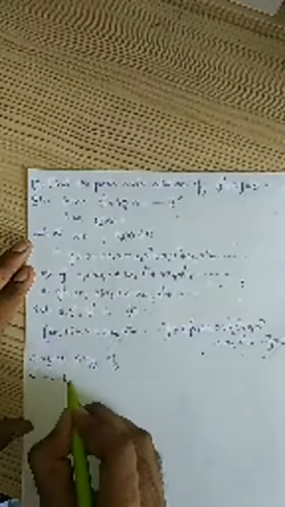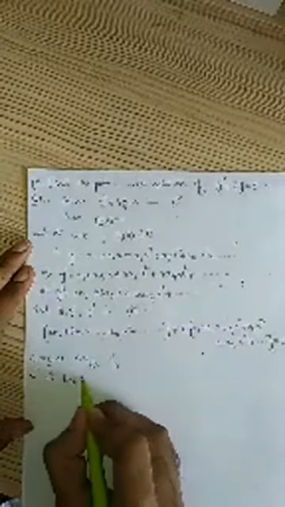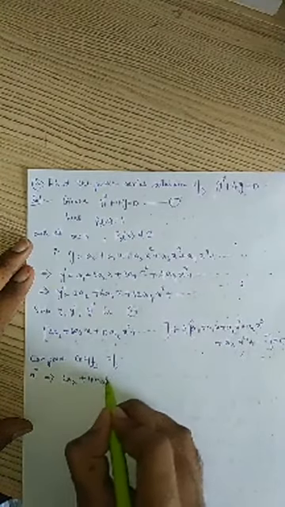Y is given by a0 plus a1x plus a2x square plus a3x cube plus a4x power 4 plus so on. And this equals to 0. Now what we have to do? Compare the coefficients of x power 0. Here 2a2, here 4a0 equals to 0.